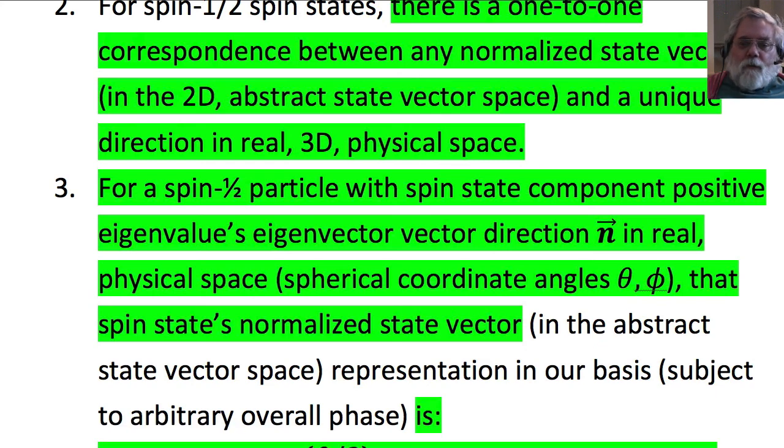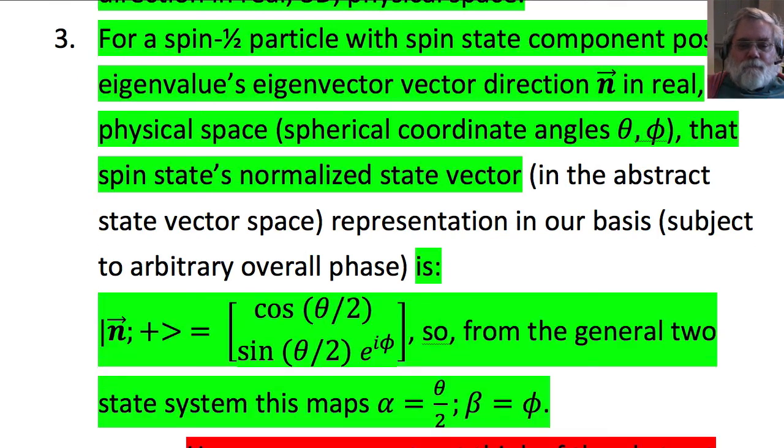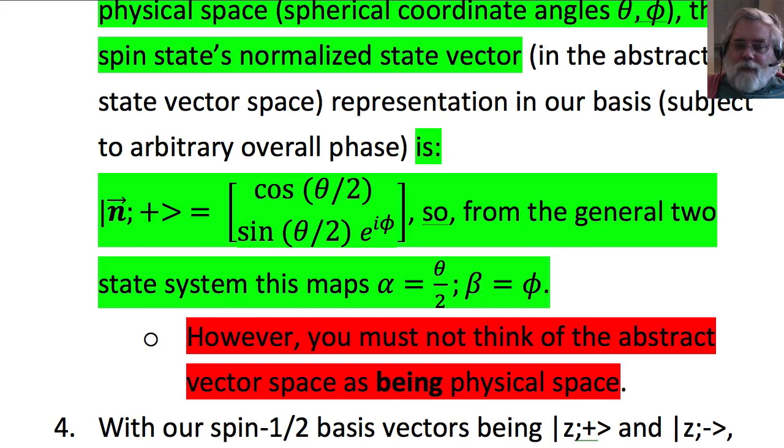For a spin 1/2 particle with spin state component, positive eigenvalue, eigenvector direction, vector n in real physical space, with spherical coordinates polar angle theta and azimuthal angle phi, that spin state's normalized state vector in the abstract state vector space, representation in our basis, subject to arbitrary overall phase, is n plus is cosine theta over 2, sine theta over 2 e to the i phi.